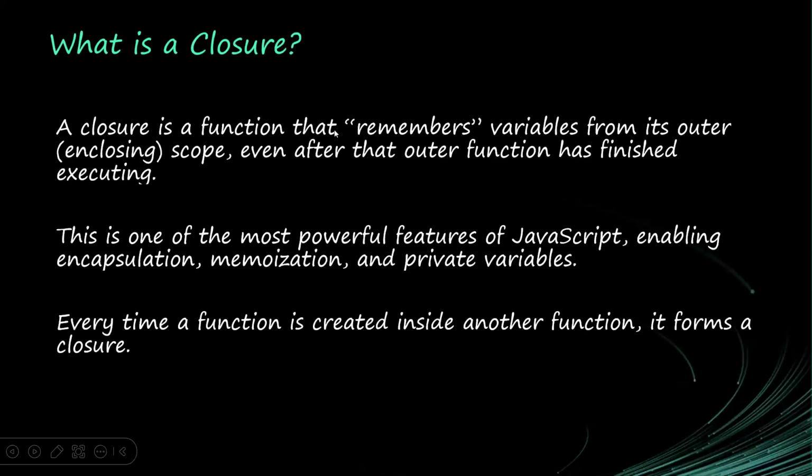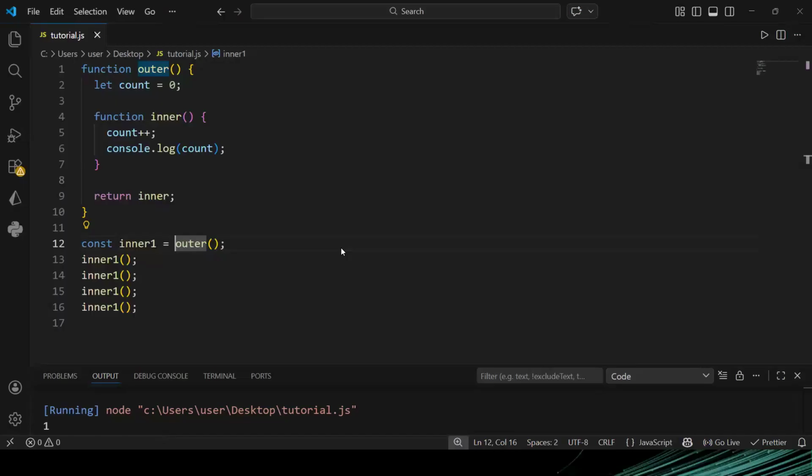A closure is a function that remembers variables from its outer scope. Remember, this is the outer, enclosing scope. So in this case, we are remembering the count variable even after the outer function has finished executing. If you take a look at our code, you will see that the outer function has done its job and finished executing, but yet we are still having access to the count variable.